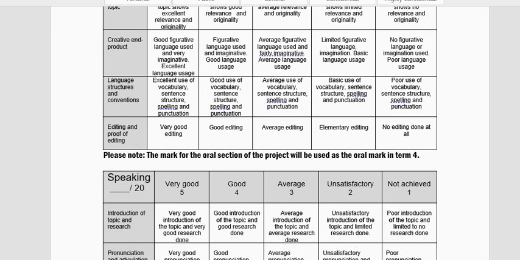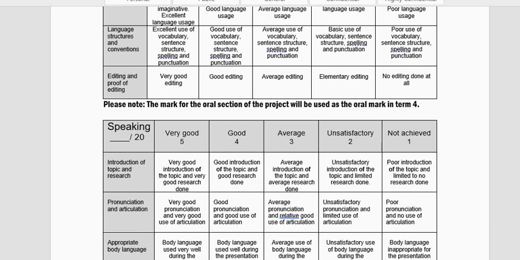Language structures and conventions, the basic things we are used to, vocab, sentence structure, spelling and punctuation. It's again poor, basic, average, good and excellent. Proofreading, very good, good, average, elementary or no editing done at all. Advise your children to do good proofreading and editing.